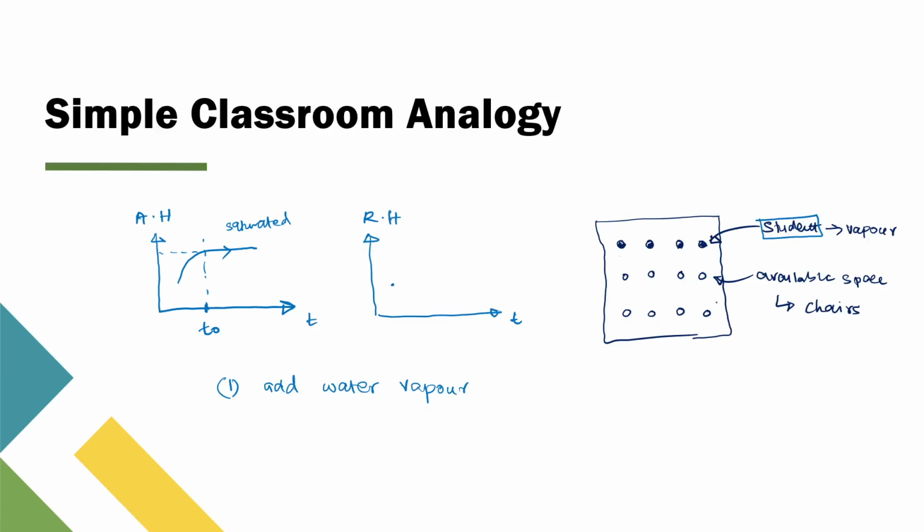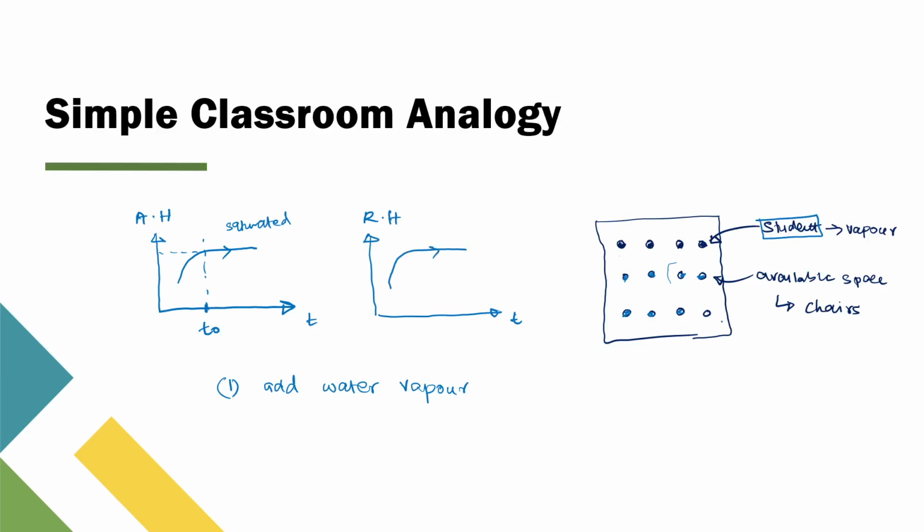And let's say another two students enter the classroom. Then what is the occupation now? We have 12 spaces, 6 of them are occupied. That means it's 50%. So you understand that when the number of students increases, the occupation increases, the percentage increases. So RH is going to increase.